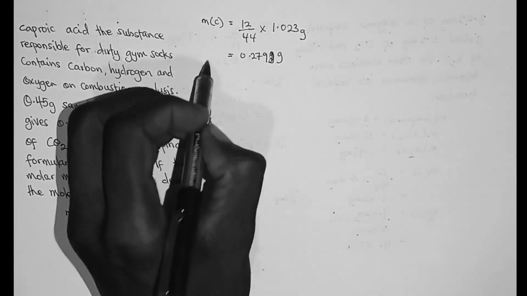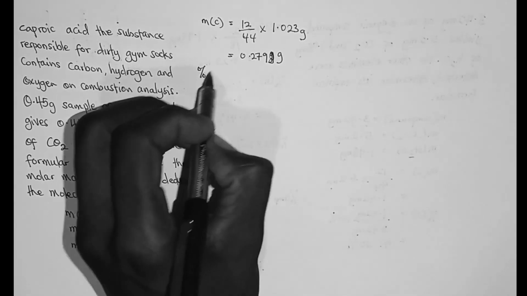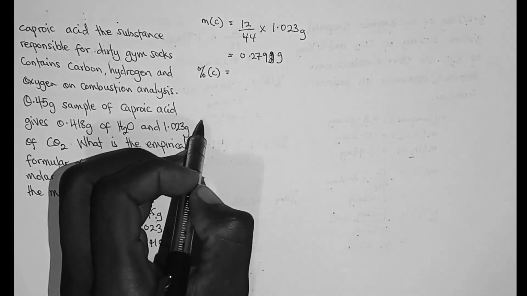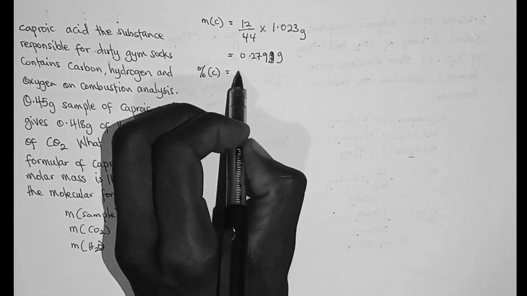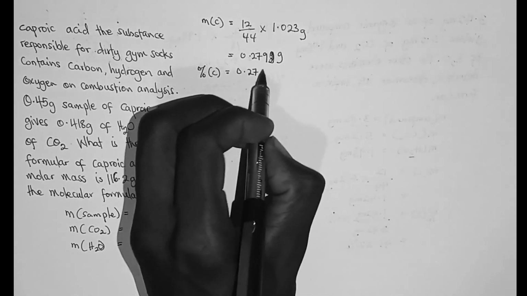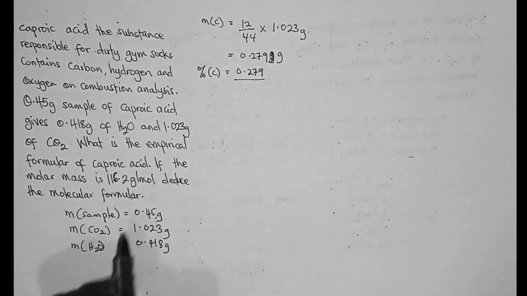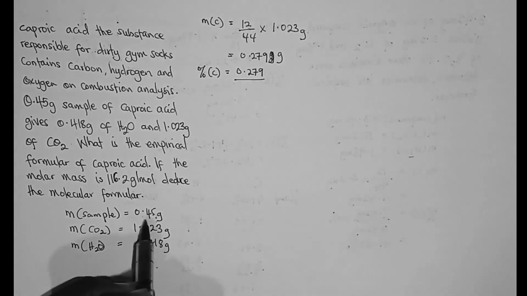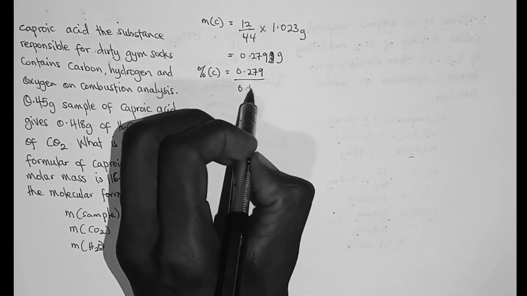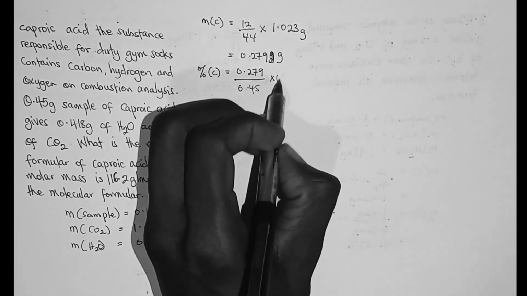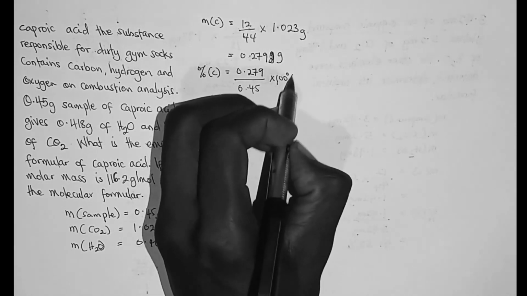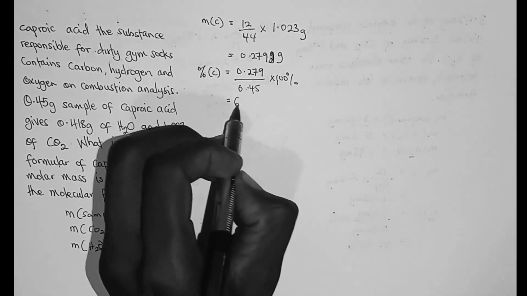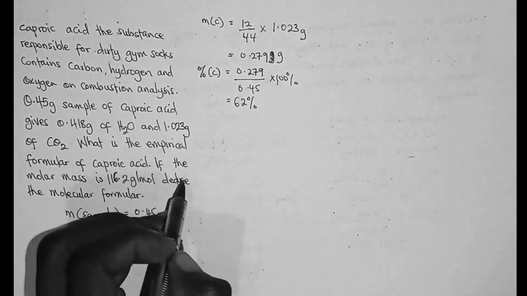Then we need to find the percentage composition of carbon, and that is equal to the mass of carbon that was obtained, 0.279, divided by the mass of the sample, and that is 0.45 grams times 100%. And this is equal to 62%.